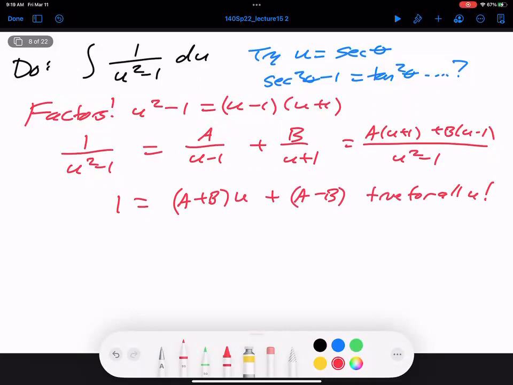If we try u equals 0, we get A minus B is 0. Another way of looking at this is, because this is true for all u, the coefficient of u has to be 0, because the left side has no u dependence. So this has to be 0, and this has to be 1, so this implies A plus B equals 0, and A minus B equals 1.